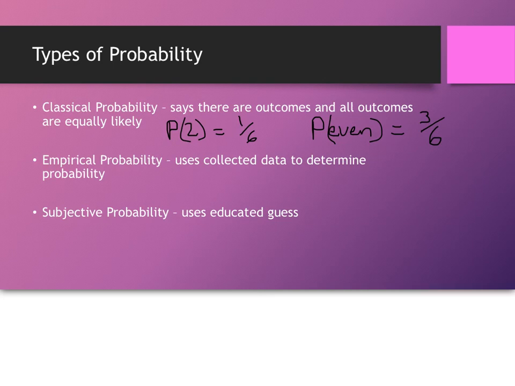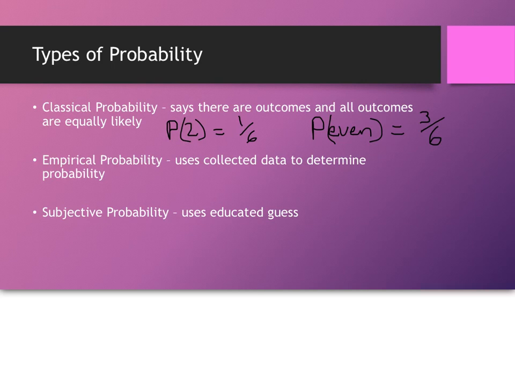Now, that's contrasted with the empirical probability. Empirical probability uses collected data to determine probability. So, my example when I did an experiment that 10% of people who take this medication have a side effect, that's empirical probability. All right?